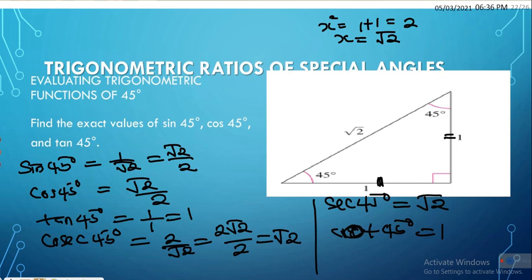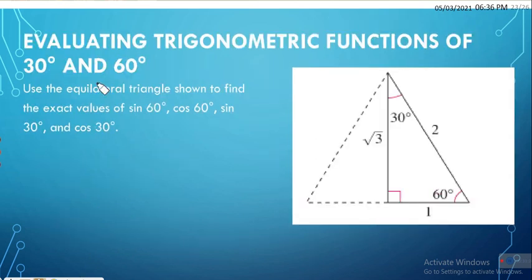Alright, so we can obtain that of 60 degree and 30 degree. So evaluating trigonometric functions of 30 degree and 60 degree, we use an equilateral triangle in which all sides are equal. So all the sides are 2 centimeters. The height divides the base into 2 equal halves of 1.